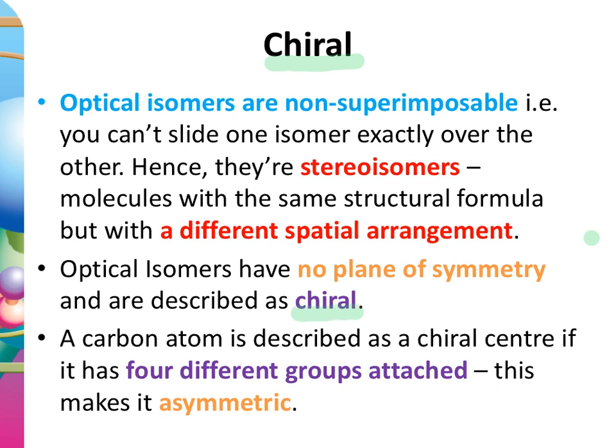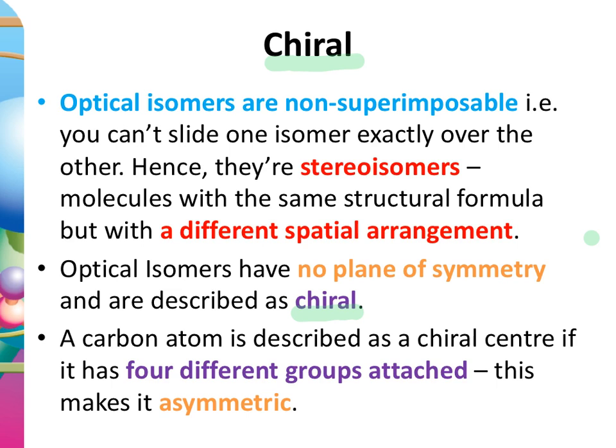It actually comes from the Greek word, which I'm probably going to mispronounce, and it's the Greek word for handedness. So sometimes chiral or optical isomers are described as having handedness, which is possibly a slightly odder way of putting it, but anyway. That word chiral or chirality, it's all referring to the same thing.